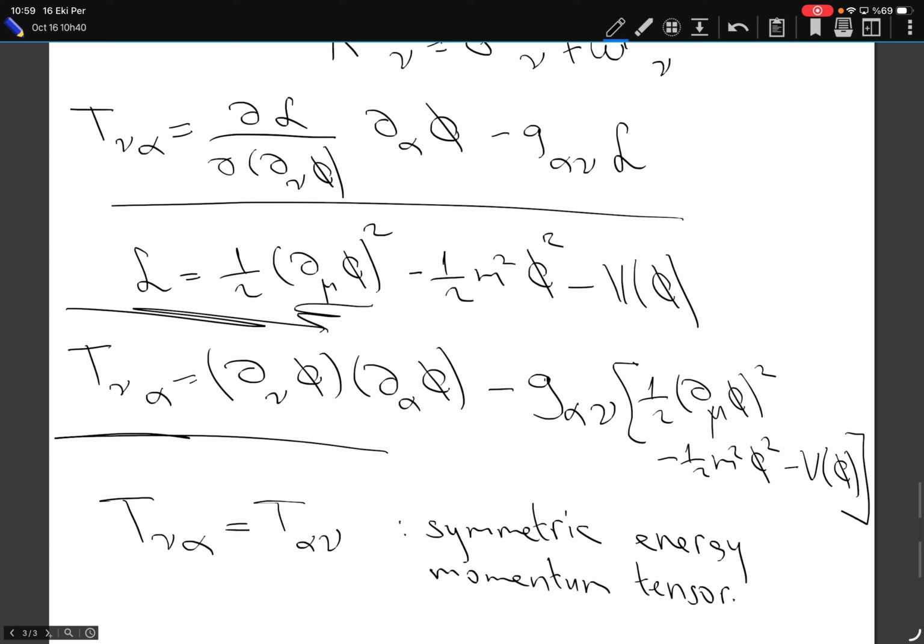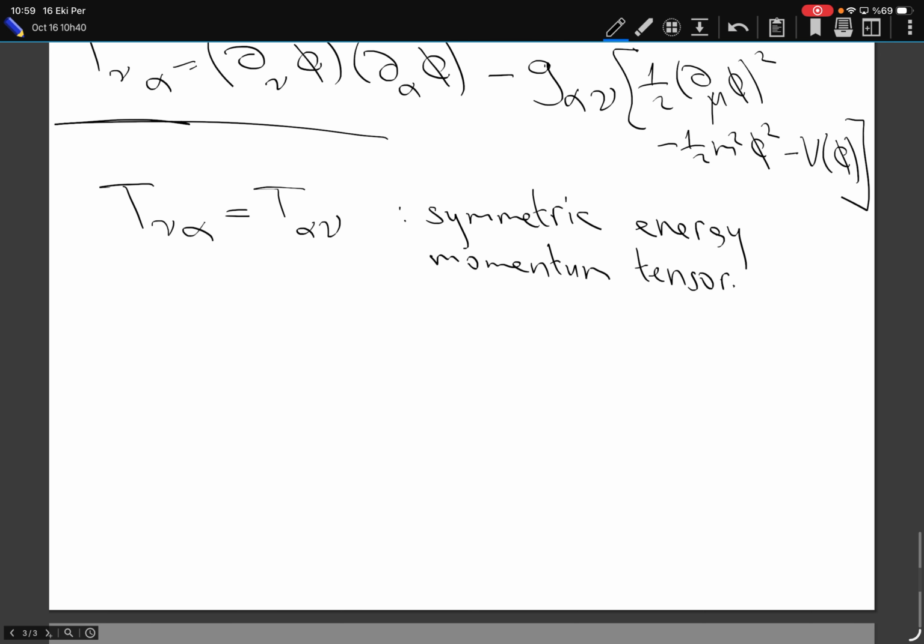Some of you were mentioning that these conserved charges are not necessarily unique, because basically the Lagrangian is not unique. For a given system, if you have this Lagrangian, which you can use to obtain the equation of motion, this Lagrangian is also valid.